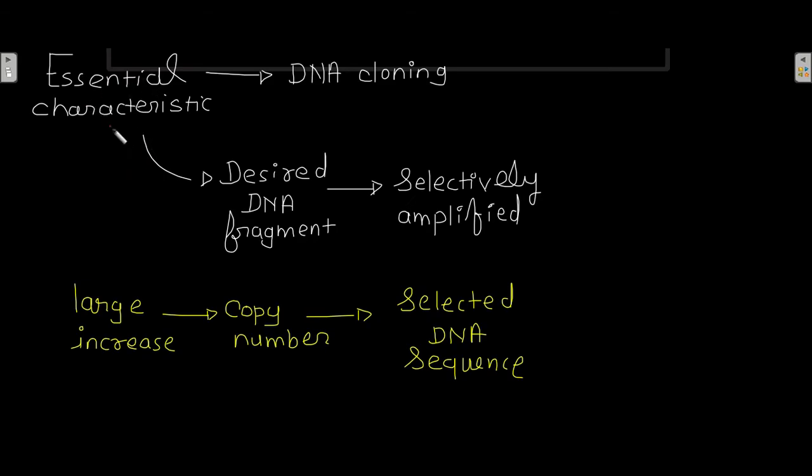The essential characteristic of DNA cloning is that the desired DNA fragment is selectively amplified, and this results in a large increase of the copy number of the selected DNA sequence.